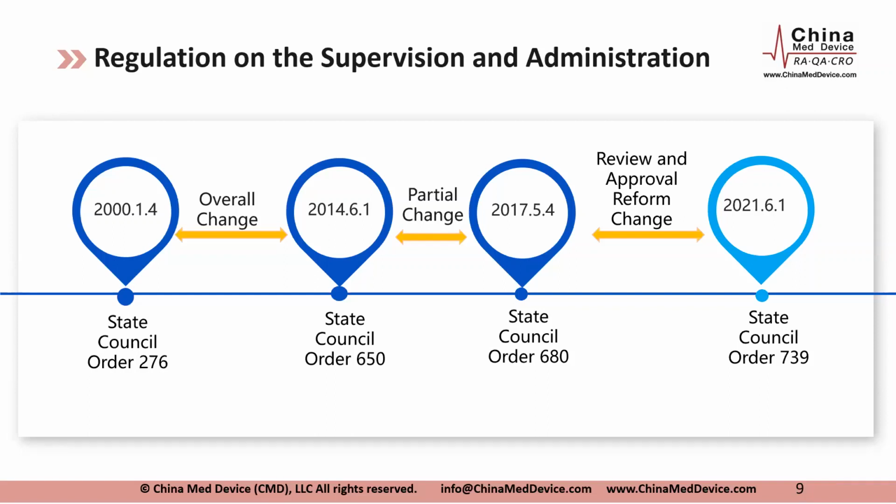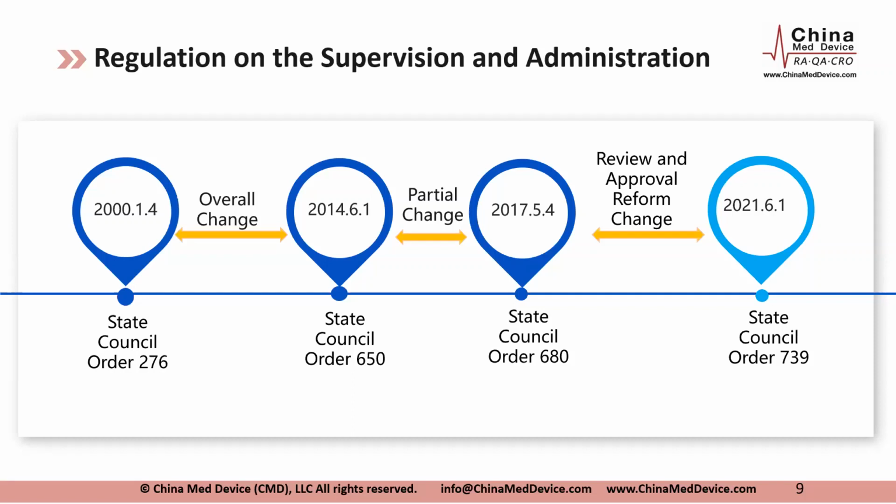Since 2014, when President Xi became the president, he initiated a serious reform with Order 650, and we all went through that. It was very rigid. I'll talk more about the clinical aspect of it. Then they realized that it was too rigid and there were a lot of details that needed to be followed.